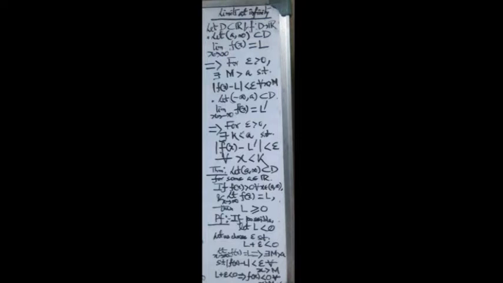So if the limit at the point infinity is L, that means there exists some number M which is bigger than a, such that |f(x) minus L| should be less than epsilon for all x bigger than capital M. Also, L plus epsilon is negative.